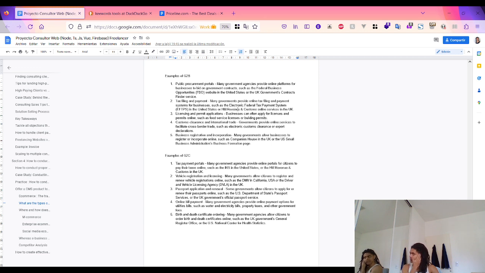Licensing and permit applications. Business can often apply for licenses and permits online, such as a food service license or building permit.